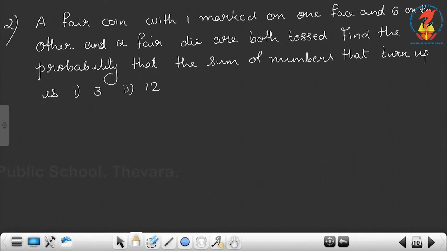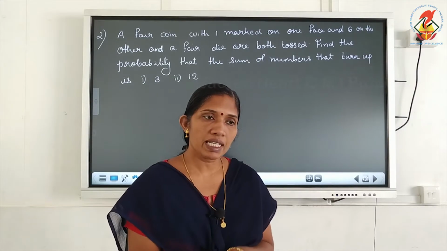Now the second one: a fair coin with 1 marked on one face and 6 on the other, and a fair die are both tossed. Find the probability that the sum of the numbers that turn up is 3 or 12. First you have to understand what the experiment is. Fair coin means equal chances.